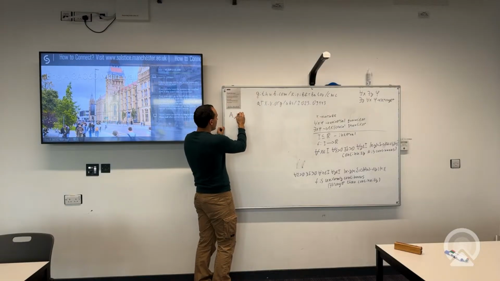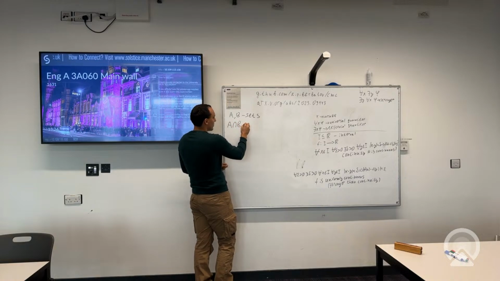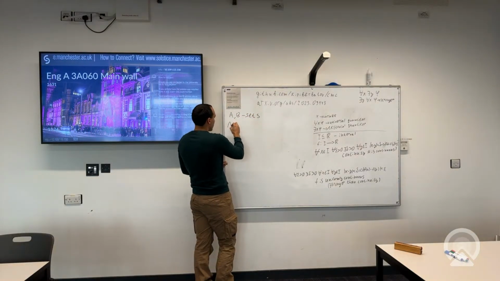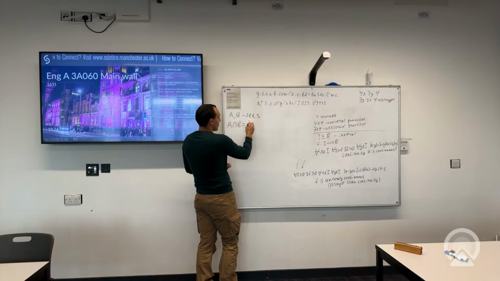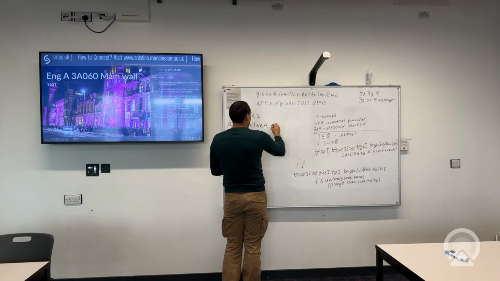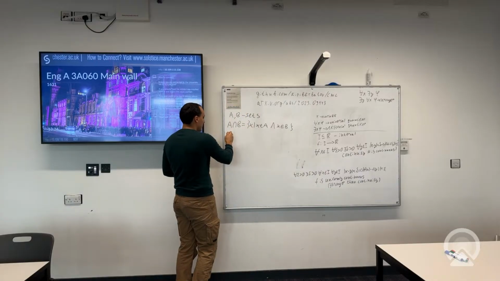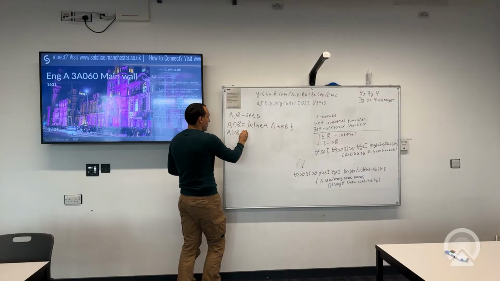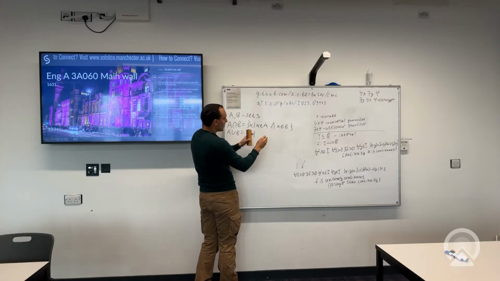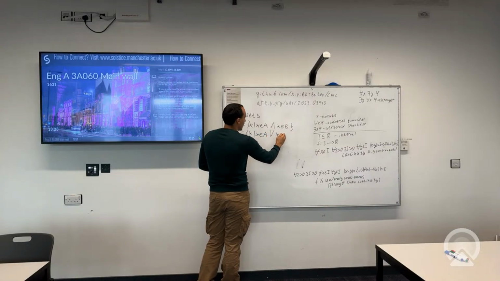If A and B are sets, we can form the intersection, which is all the x that belong to A and that belong to B. The union is a disjunction, so it belongs to at least one of them. So it belongs to this or that.